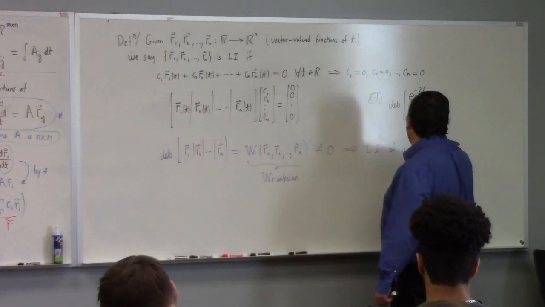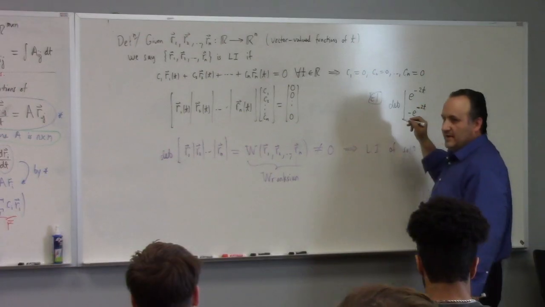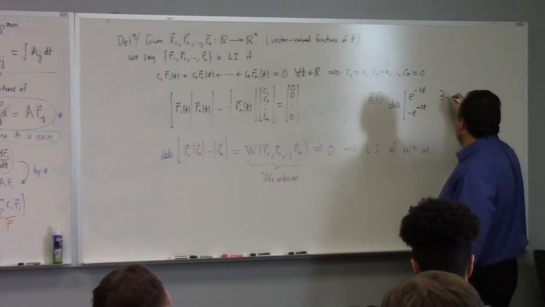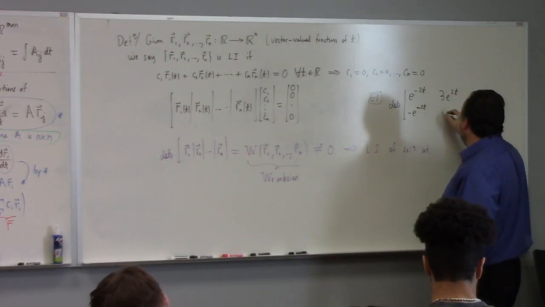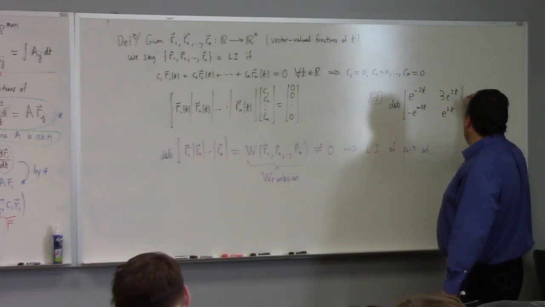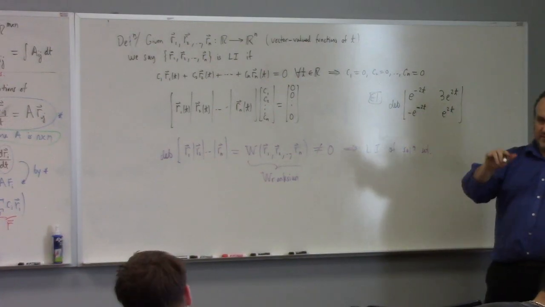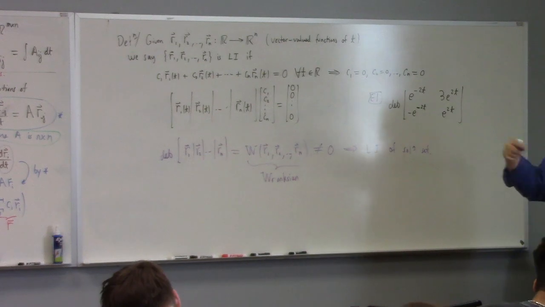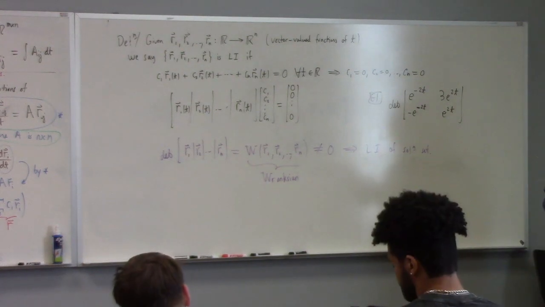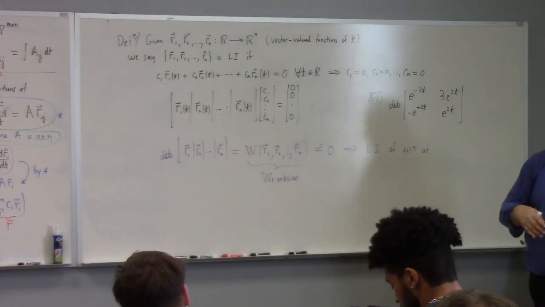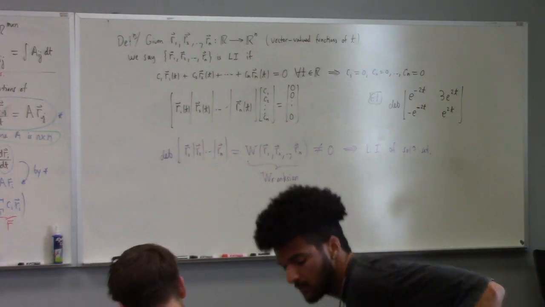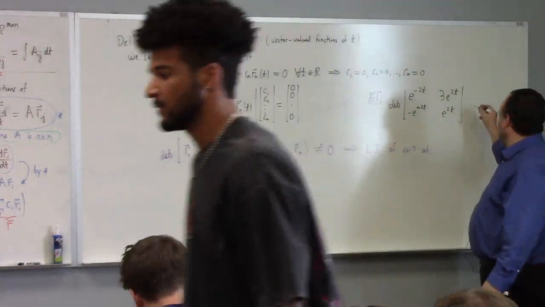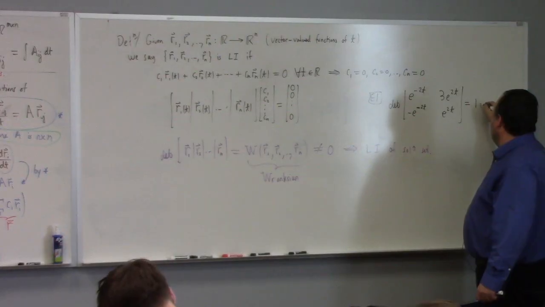My second eigensolution was 3 e to the 2t and e to the 2t, is that right? So ignore the C1 and C2. Those are just part of the solution. The C1 and C2 have to be there to allow for different possible initial conditions. But what's this equal to? Well, 1 plus 3, so it's 4.